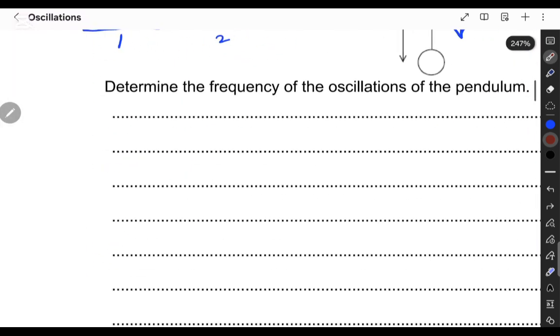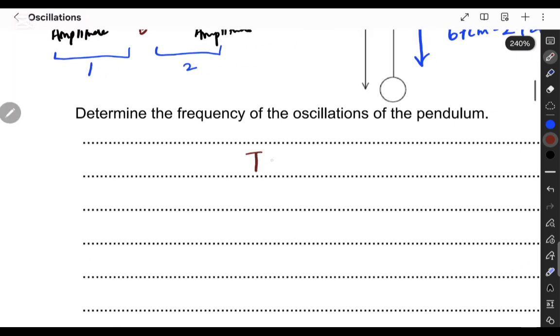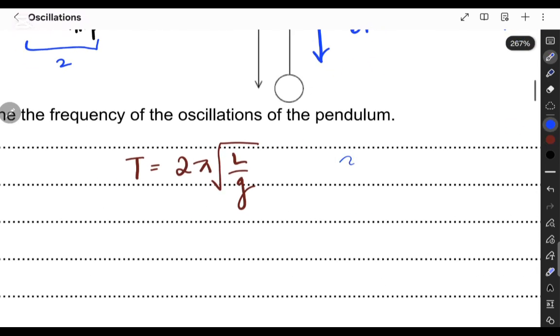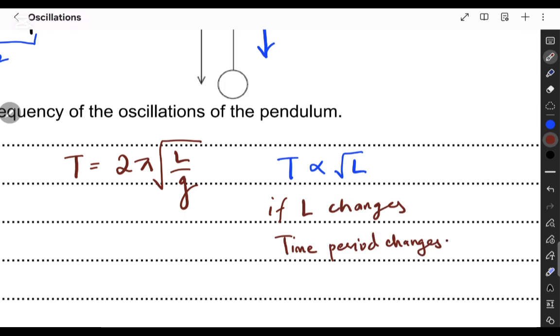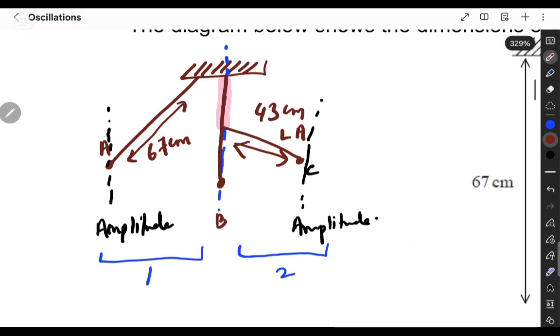Now what does this mean for us? We know the time period T equals 2 pi times the square root of L over g. That means T is directly proportional to the square root of L. If the length L changes, the time period will change. Notice here we have a different length in this oscillation and a different length in the second part.